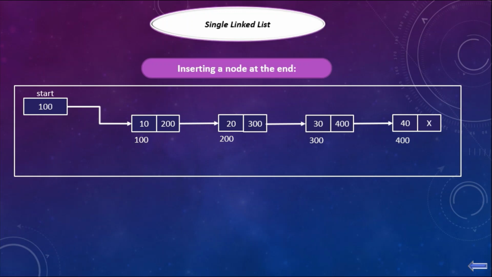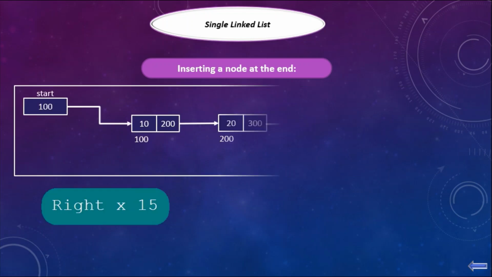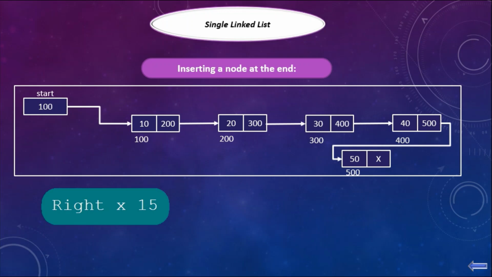For that, we have to assign the next field of the last node with the new node's address. So it is one of the simplest insertions in a single linked list.